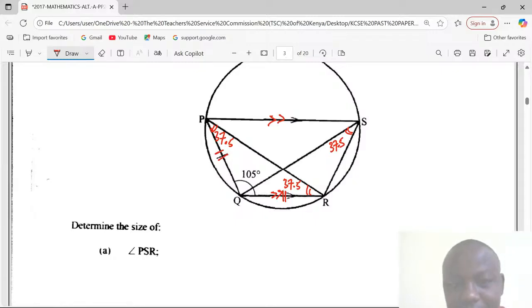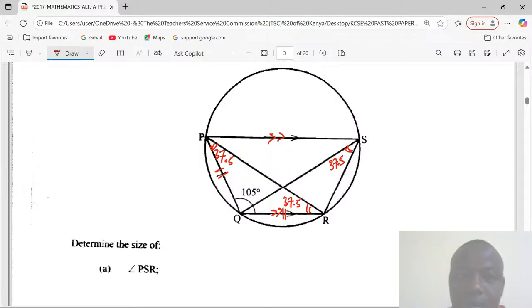Now that they have been subtended by the same chord, we are also supposed to conclude some other angles, and of course using some other property. PQRS, because the vertices are touching the circumference of the circle, we can again say that this is a cyclic quadrilateral. And if it's a cyclic quadrilateral, it means the whole angle at S together with the angle at Q are what we call opposite angles in a cyclic quadrilateral.